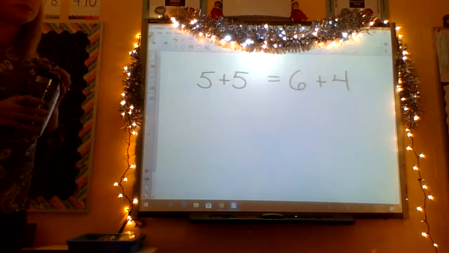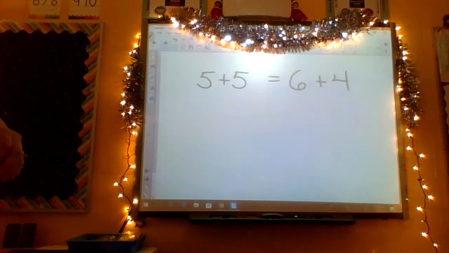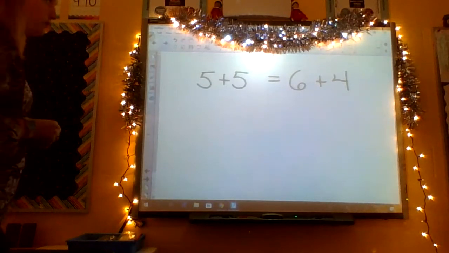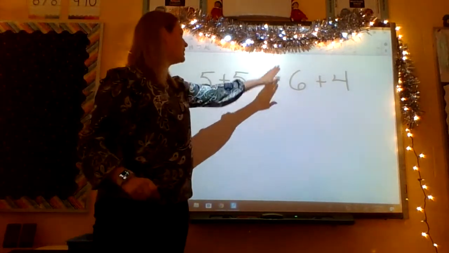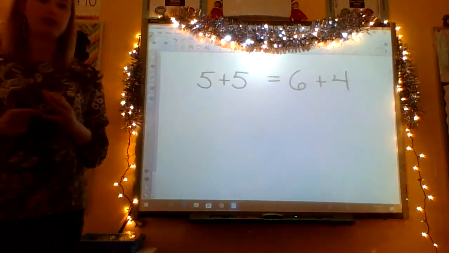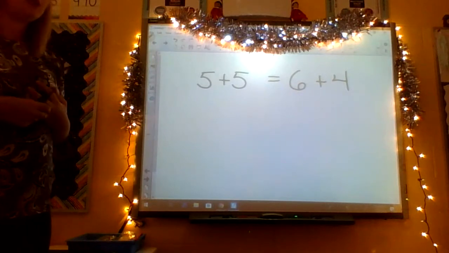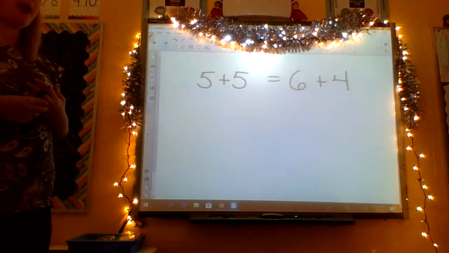This is kind of like balancing out equations, but a little bit trickier because the symbols in the middle could be less than, greater than, or equal to. So we kind of already talked about balancing equations.